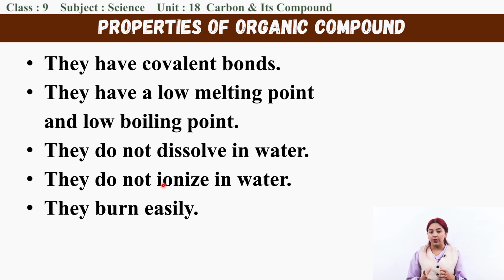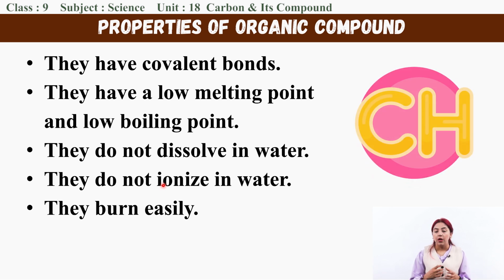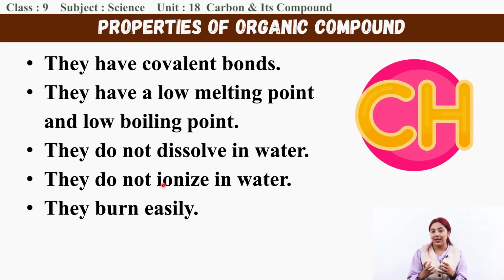And the final property that we will study is that organic compounds burn easily. Organic compounds usually have carbon-hydrogen bonds or carbon present in them. Carbon and hydrogen themselves are combustible. So, due to the presence of these combustible elements, organic compounds can burn easily.